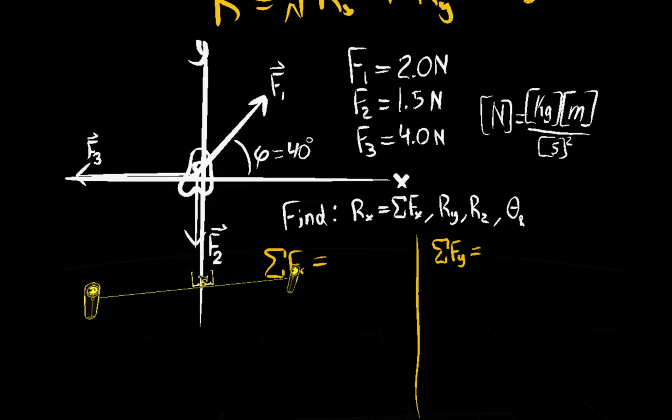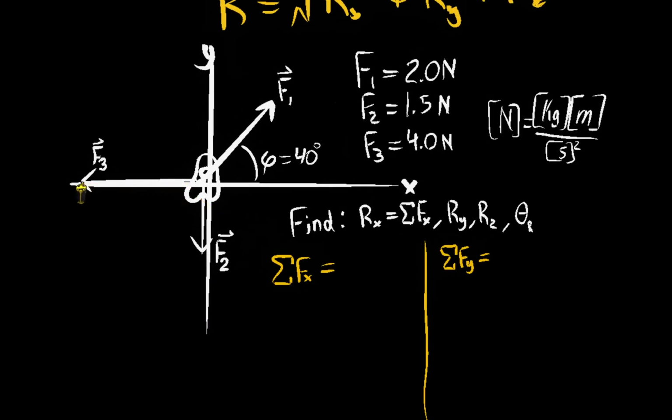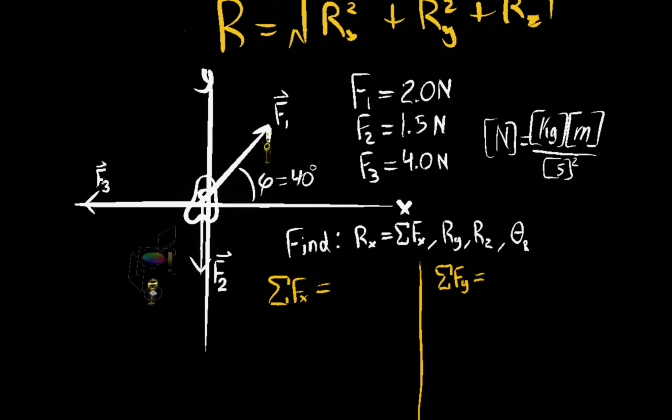Well, we have this one, which is clearly in the negative x direction. So we definitely have that, but we also have this component of F1, right? It's partially in the x direction and partially in the y direction, right? So this here would be the part of it that's in the x.